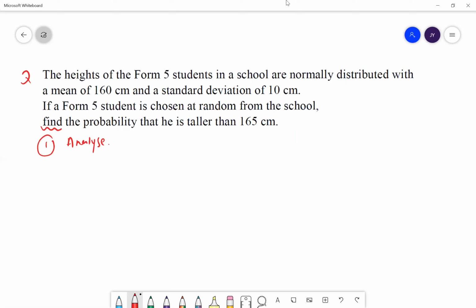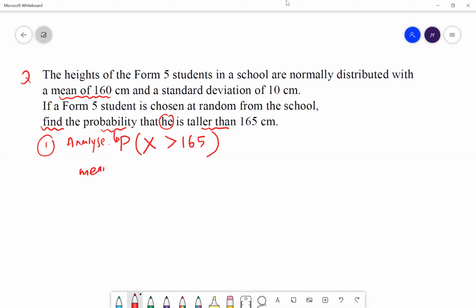What does the question require? Find the probability. Probability, we write a P here. The probability that a person X, I don't know who, so I put X, is taller than, this symbol, taller than 165 cm. Second, we have a mean of 160 cm.